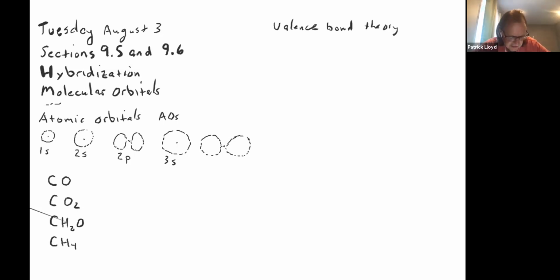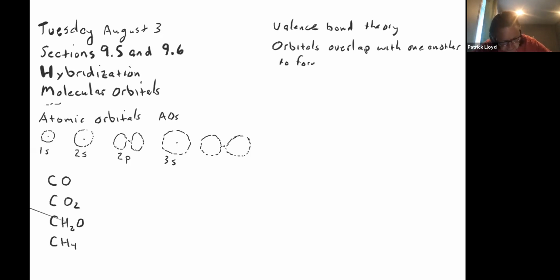Essentially the idea is that orbitals overlap with one another to form covalent bonds. A covalent bond is a result of the overlap of atomic orbitals from different atoms.